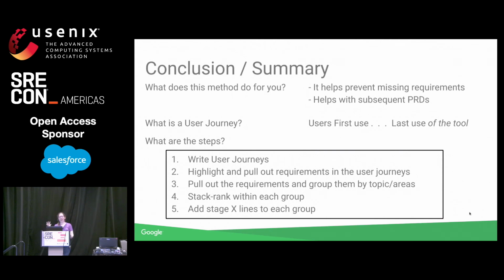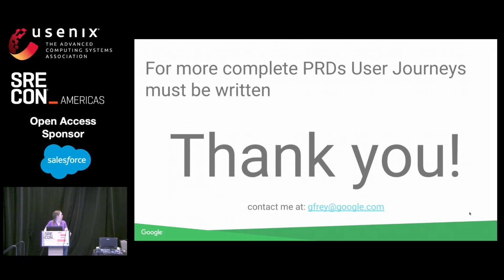And it helps when dealing with human nature, because it's so easy to want something and to make it seem like, oh, this feature is really important and it has to go in this version, when it really doesn't. And yeah, this all helps with prioritization and preventing missing requirements. For more complete PRDs, user journeys must be written by zombies.